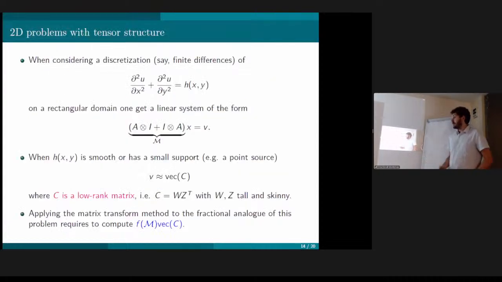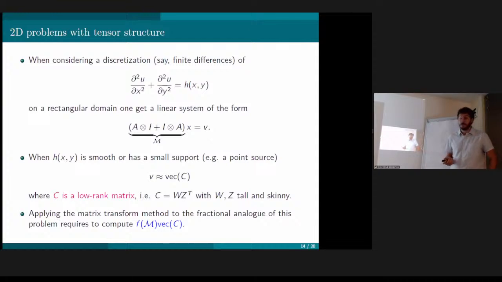And then we move to a special particular case of evaluating the action of the matrix function times a vector, motivated by problems in 2D. So, for example, when we are in 2 dimensions and we are using a tensor grid for discretizing your problem, you might end up with a structure like this for the matrix.